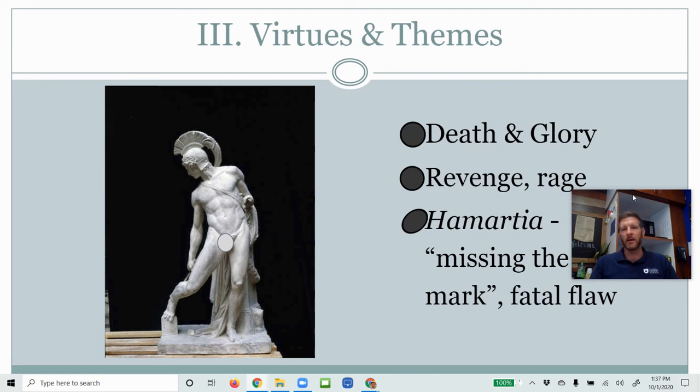And so you can see here in this statue, he's looking at the physical manifestation of his fatal flaw, which is the famous Achilles heel, which, legend had it that his mother dipped him in this protective river, but held him by his heel so that he had one spot on his body from which he could be wounded and killed.